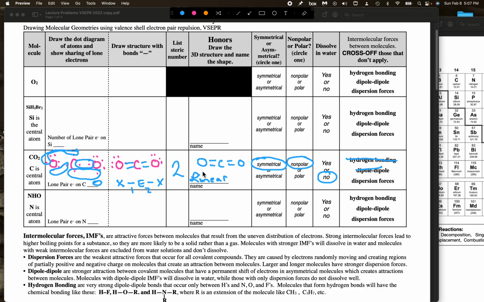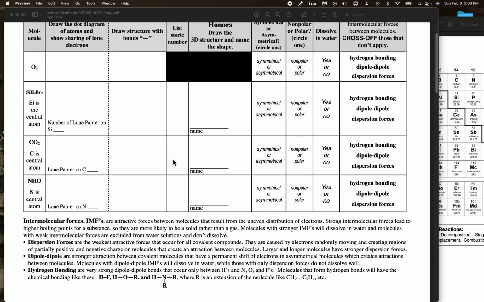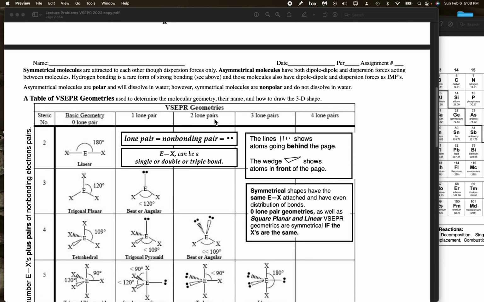All right, let's go look and see how we got linear for this shape. We had 0 lone pairs. We had a steric number of 2. So we had a steric number of 2 with 0 lone pairs, and that led us to this, which is linear.